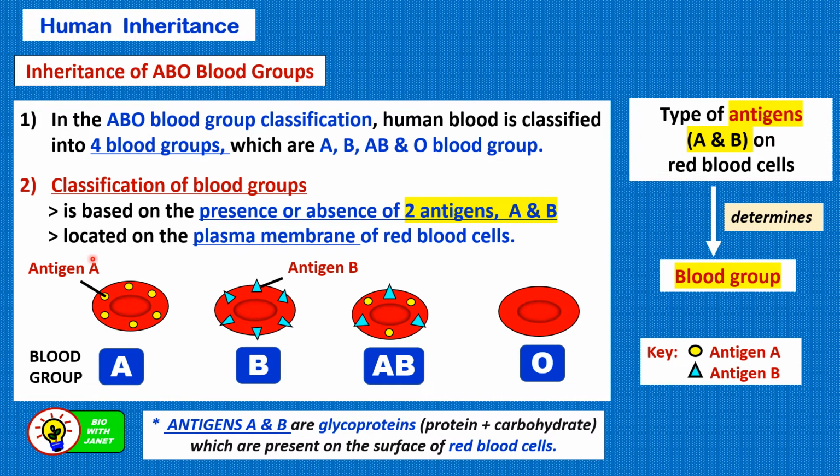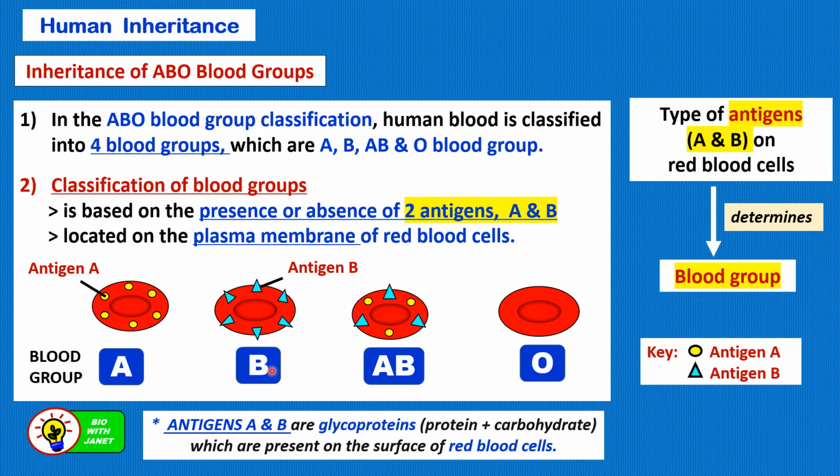So there are some people who have only antigen A on the surface membrane of red blood cells. So their blood is grouped in this category, blood group A, right? And there are some people who have another antigen that's different from antigen A, and this is antigen B on their red blood cells.